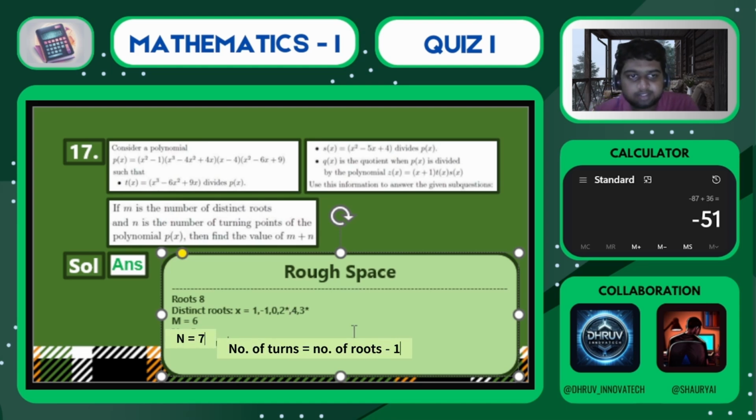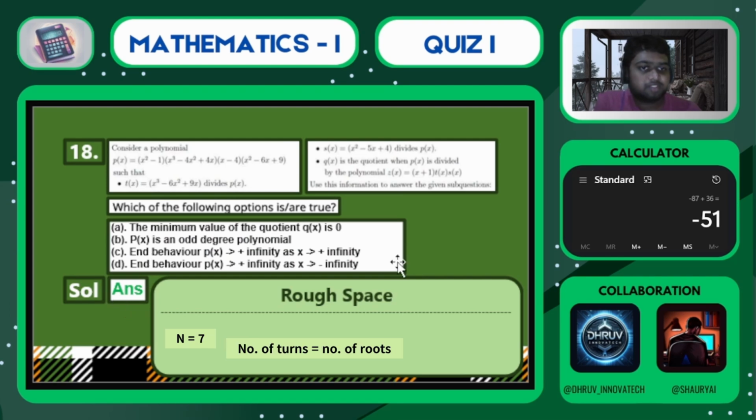Number of turns is the first row. You can use this formula if you need, or you can just calculate it by doing that. So the value of m and n here would become 13 probably. So that's your answer to this question.